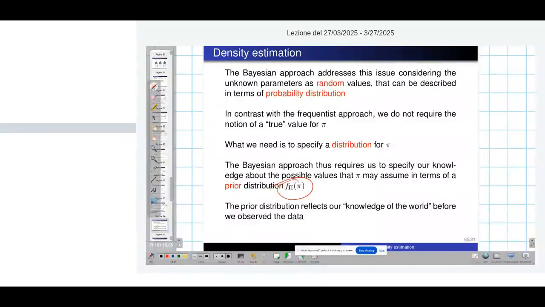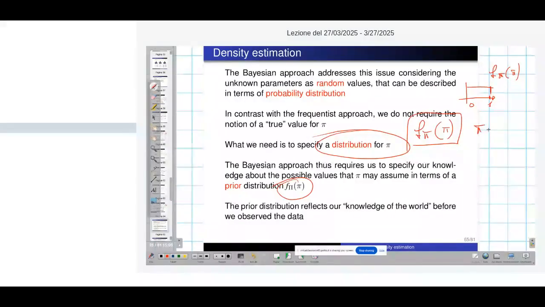This random variable, we need to specify what is called a prior distribution that describes what are the possible values for pi before we observe the actual data. For example, we may say that for us, all values between 0 and 1 have the same likelihood. So we could say that, for example, a priori, pi is uniform in the range 0, 1.